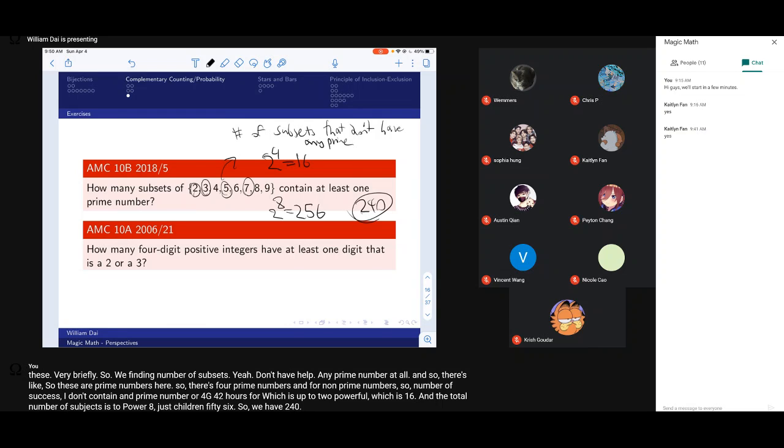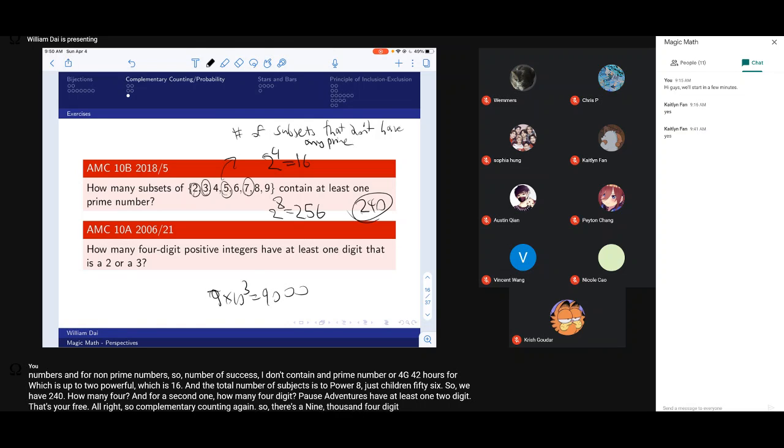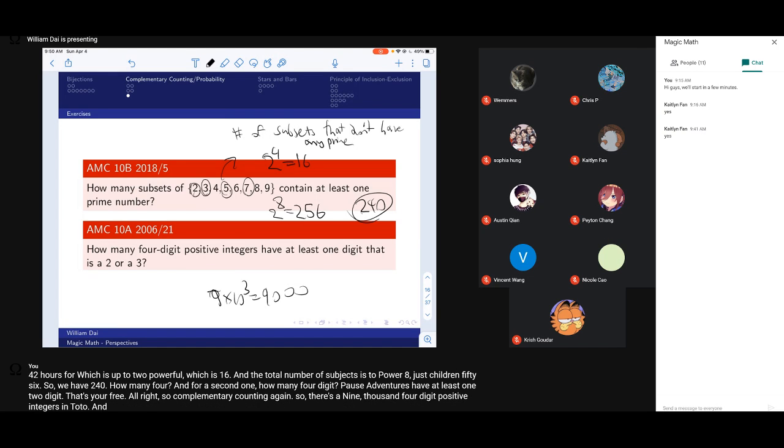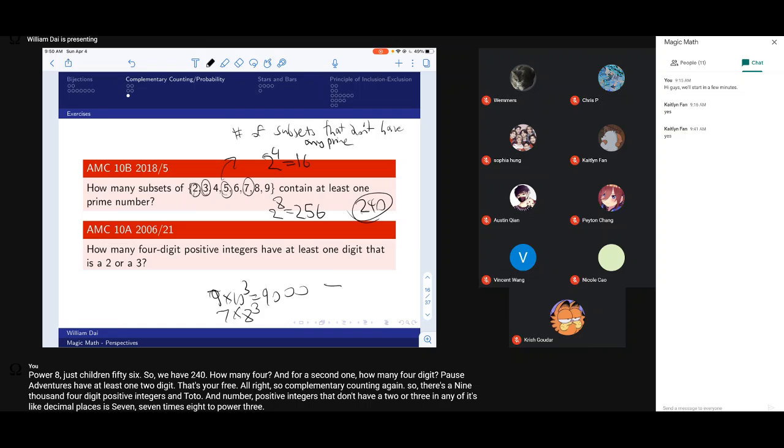And for the second one, how many 4-digit positive integers have at least one digit that's 2 or 3? So complementary counting again. There are 9,000 4-digit positive integers in total, and the number of positive integers that don't have a 2 or 3 in any of its decimal places is 7 times 8 to the power 3, because there are 7 choices for the first digit.